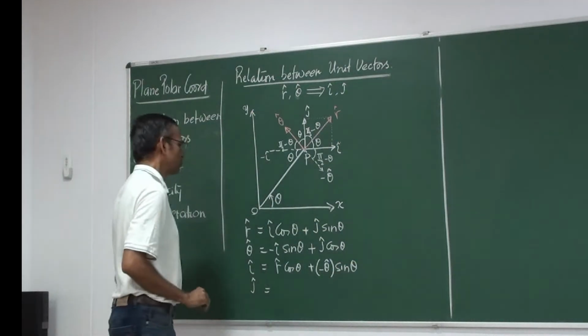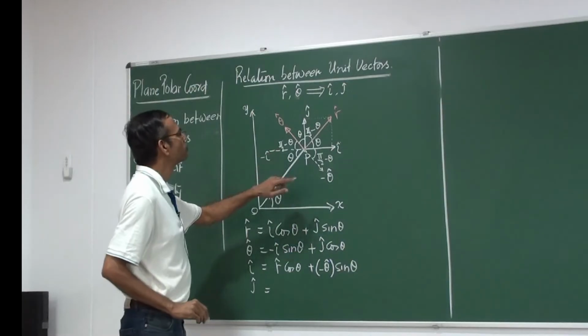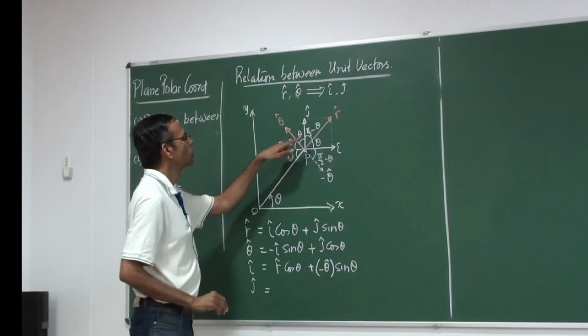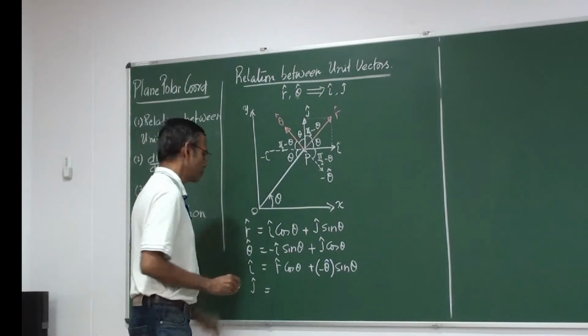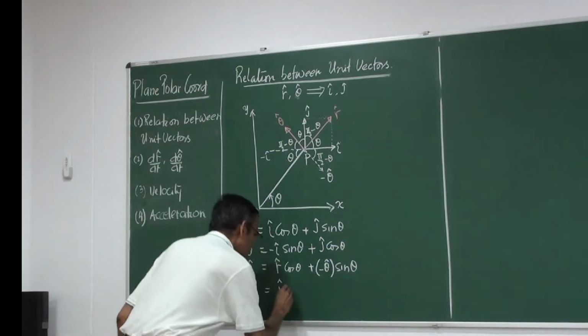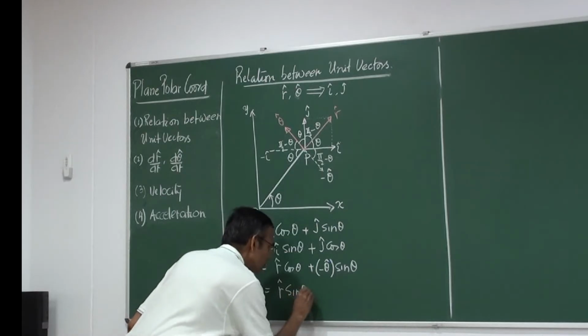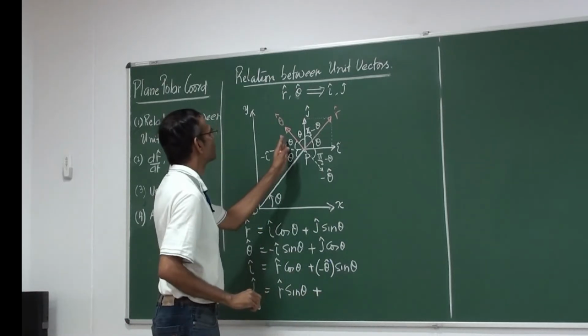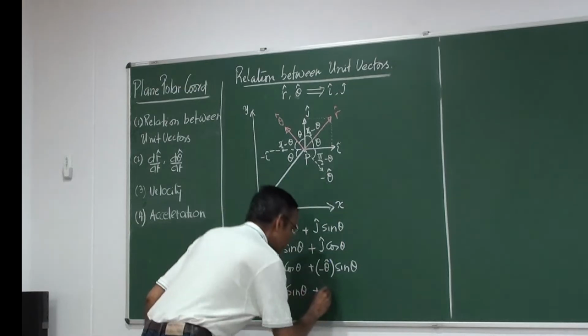Then j cap is this one, j cap. So j cap is r cap cos pi by 2 minus theta is sin theta plus theta cap cos theta.